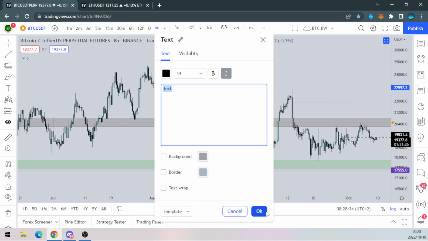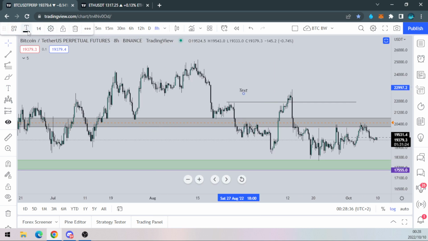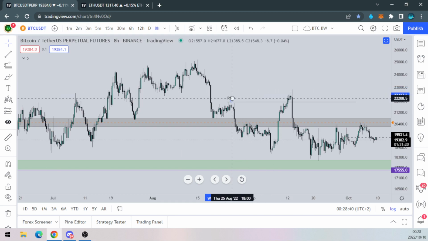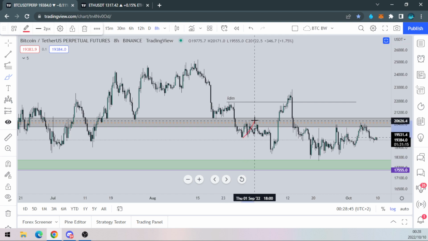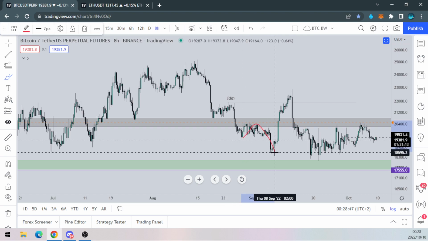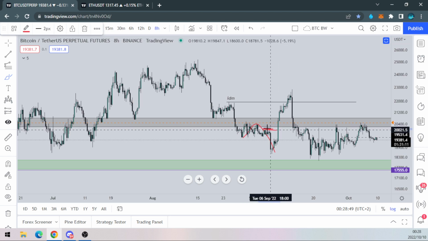So that's your inducement there. Right, that's your inducement level. Then we had a minor inducement level here where price pulled back and then broke structure. So this would be your minor level and your major level of inducement there.